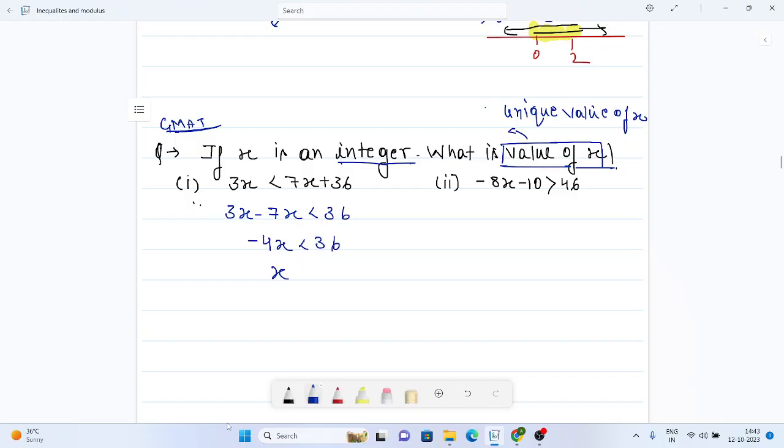Here I divide by negative 4, a negative constant, so the sign of the inequality will reverse, and I get x is greater than minus 9. I didn't get a unique value, because if x is greater than minus 9, x can take many values: minus 8, minus 7 and so on. So condition 1 is insufficient.